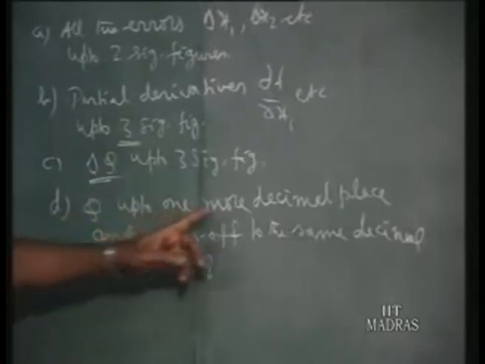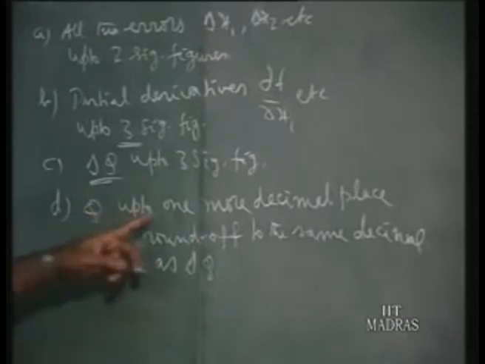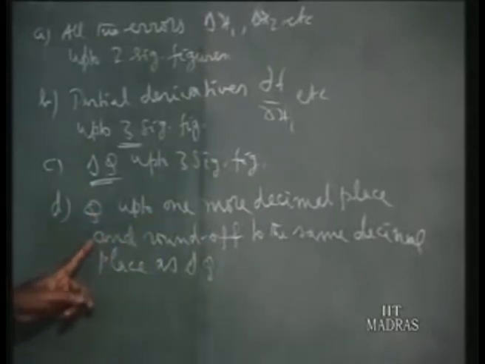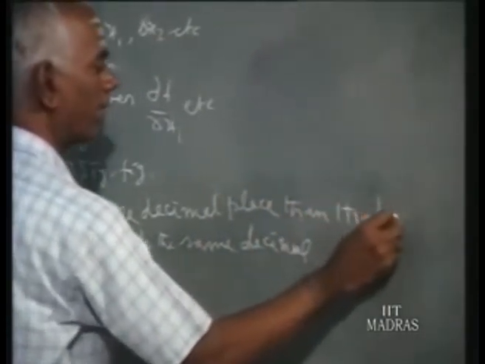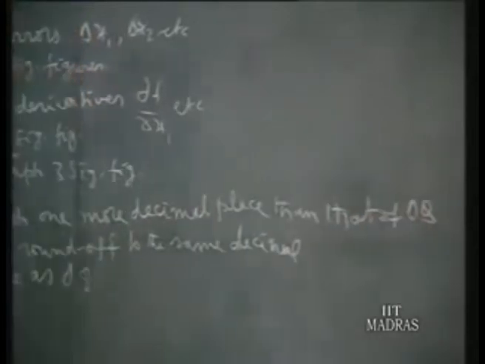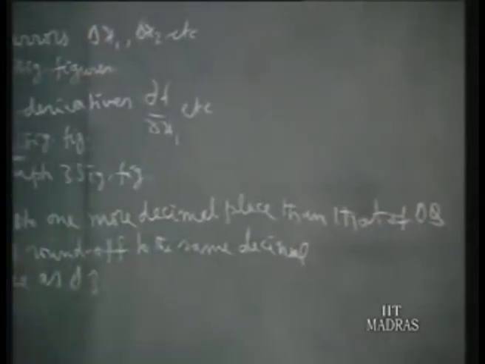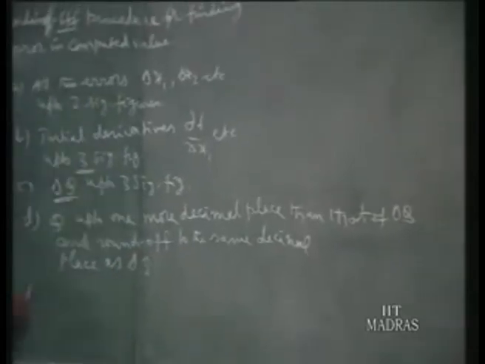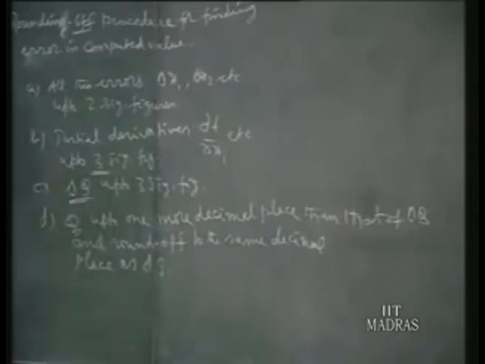So q, we have to find out up to one more decimal place than that of delta q, and then round it off to the same decimal place as delta q. That is why I told you that the nominal horsepower, the nominal computed value, should be found out after finding the error, because up to which decimal place we have to find it will be known only after delta q is known.